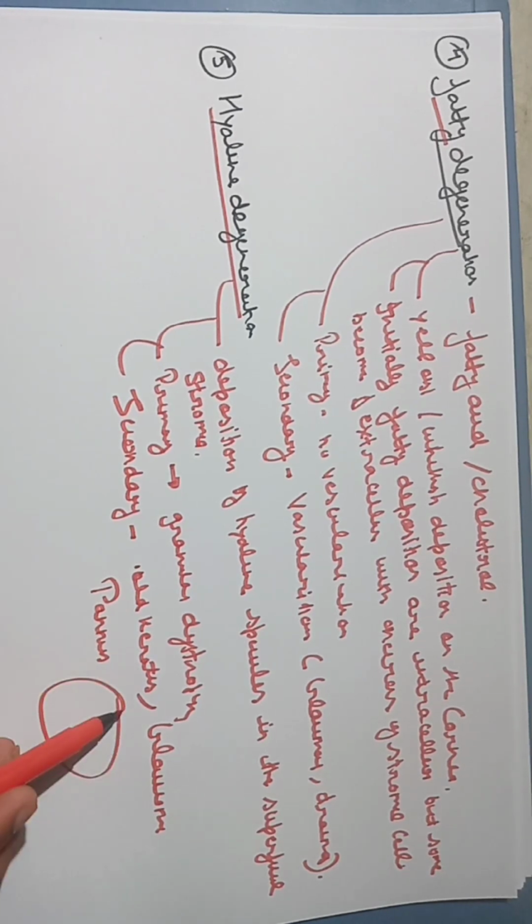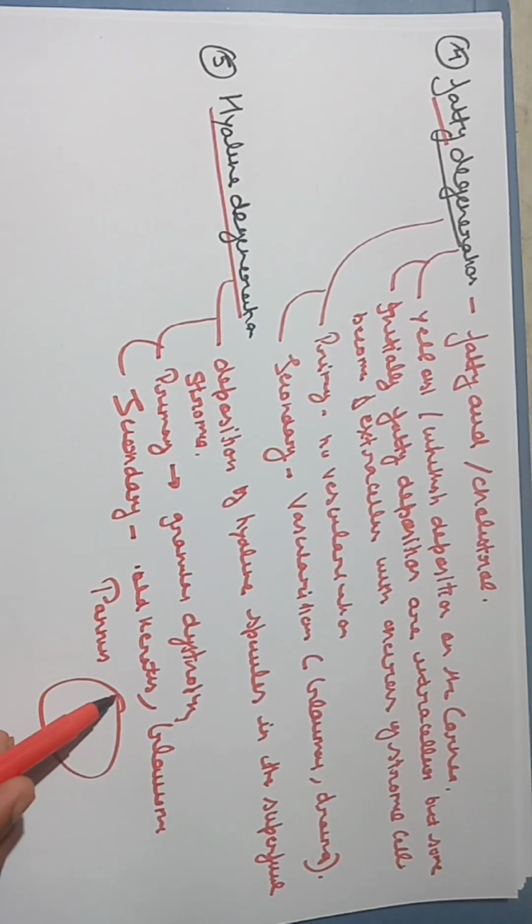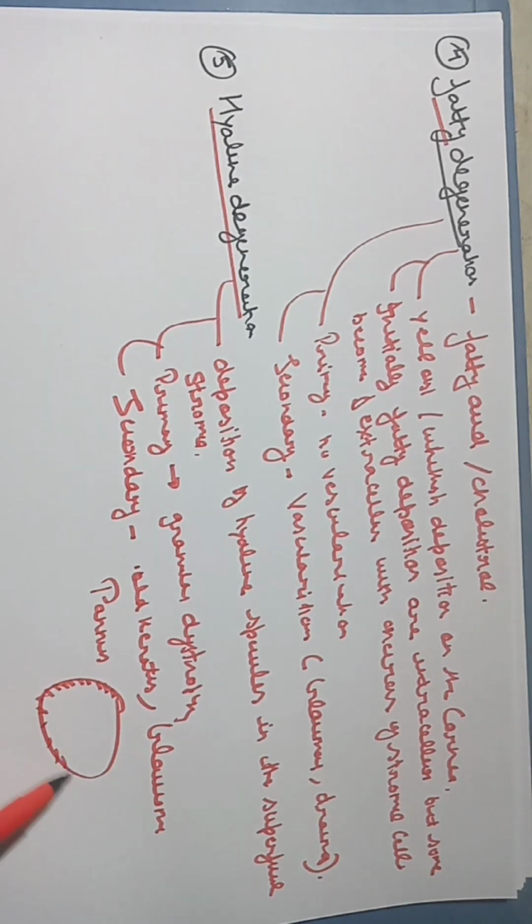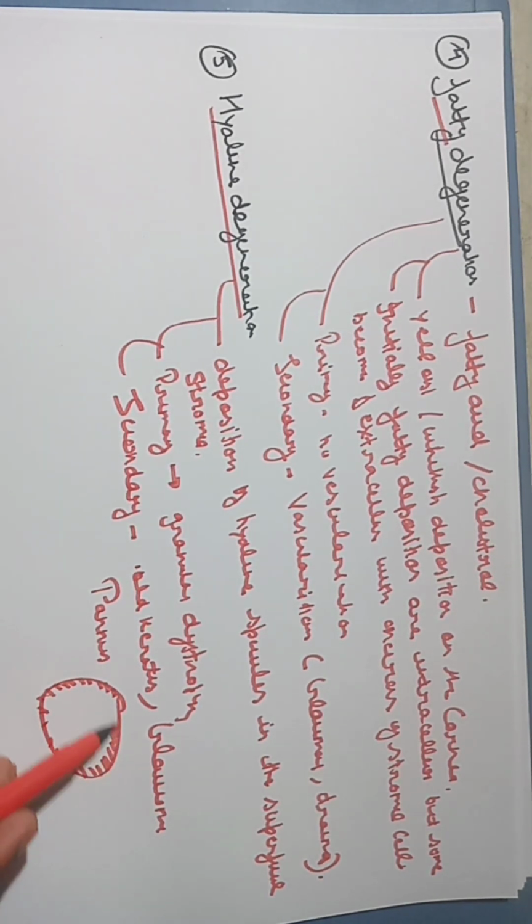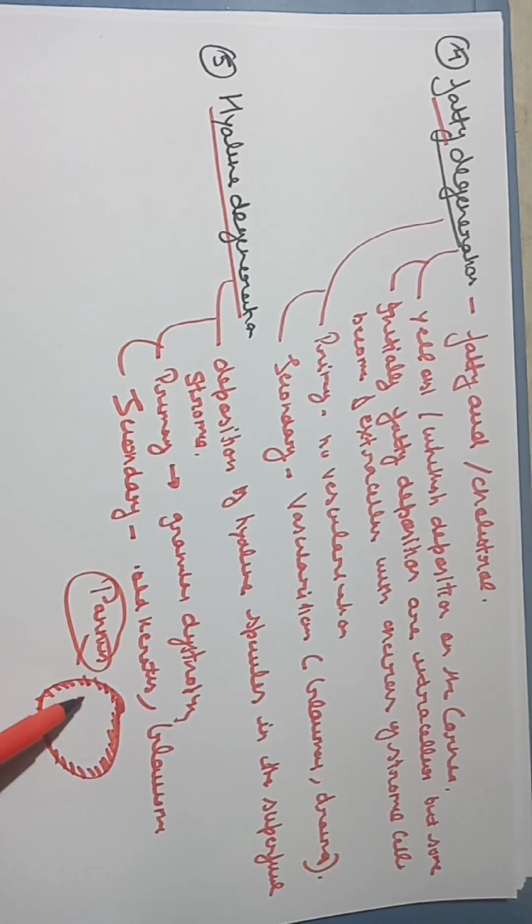Pannus is, in the cornea, vascularization at the periphery. When vascularization is 360 degrees, it is known as pannus.